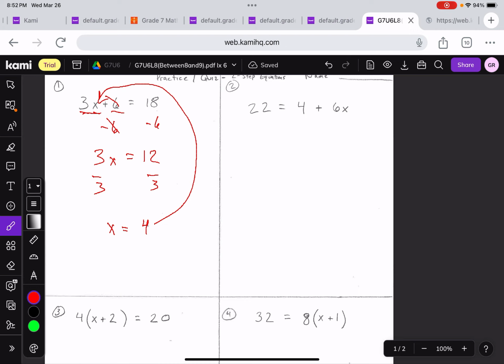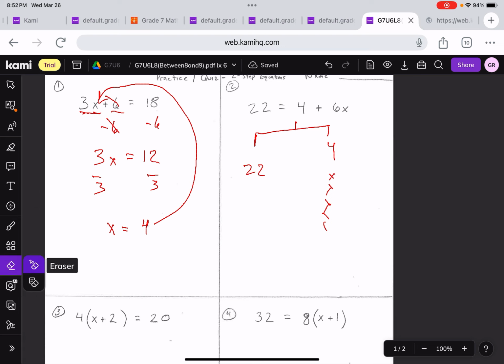Number 2. Same problem. It's written slightly different. I got the number on the left side and the equation on the right side. So what do I want to do first? Well, I could draw a hanger if I really wanted to. On this side, I got 4, and then 6 X's. On this side, I have 22.